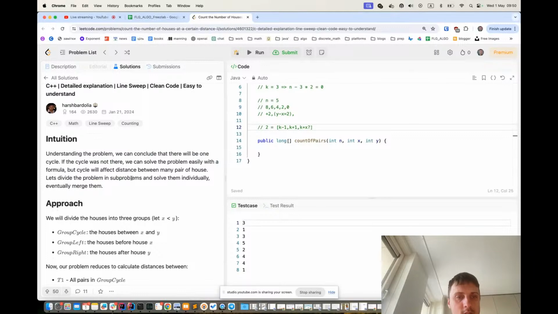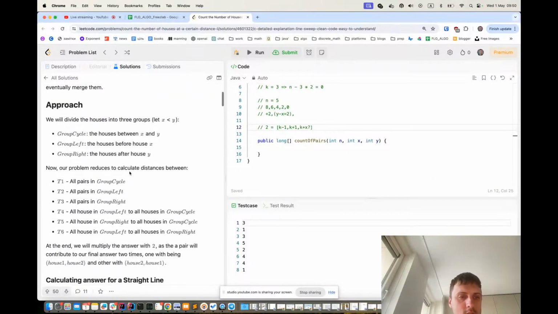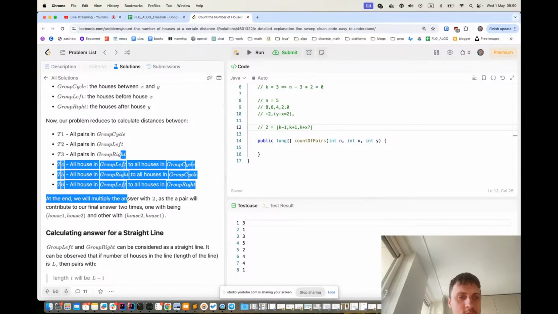Understand the problem, we can conclude that there will be one cycle. Group cycle left, right.